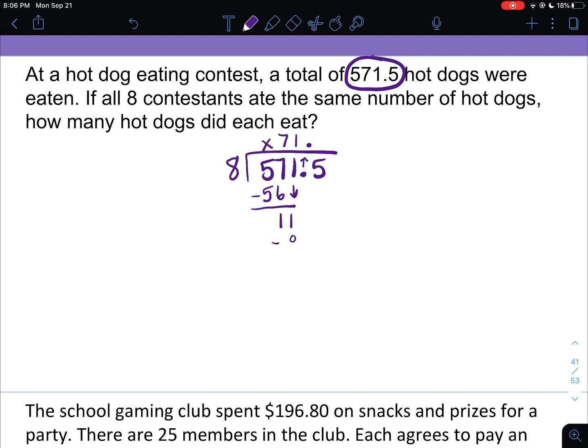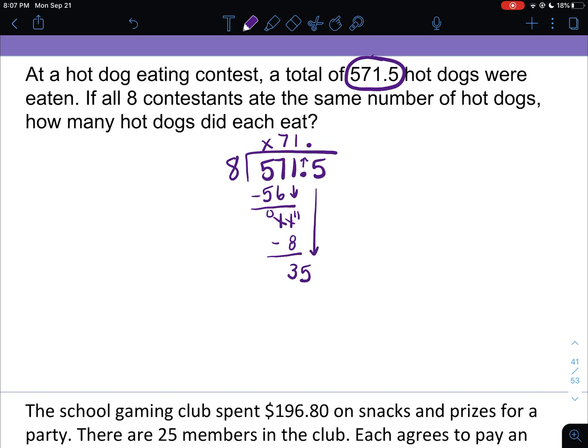Does 8 go into 11? It does. It goes in once. I'm going to subtract 8. Cannot subtract 1 minus 8, so we'll borrow. My bad. That's 11 minus 8 is 3.